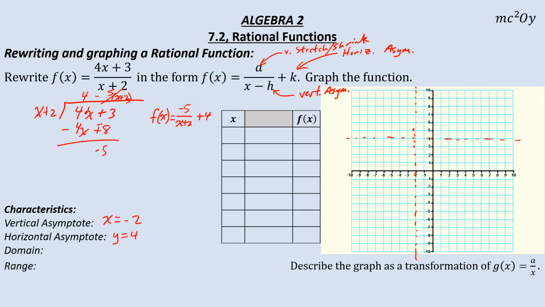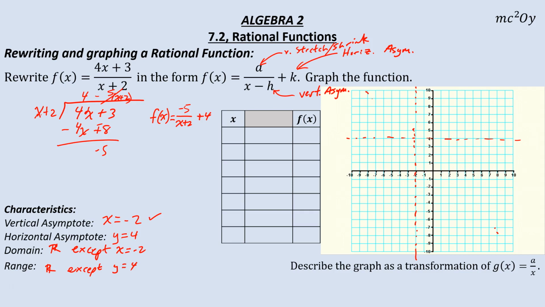So my graph's going to go down from left to right, so it's going to start up here, go down here. No matter which one you use, you can either use that or this one to graph it. It doesn't matter. I know my domain is all real except x equaling -2, and my range all real except y equaling 4.